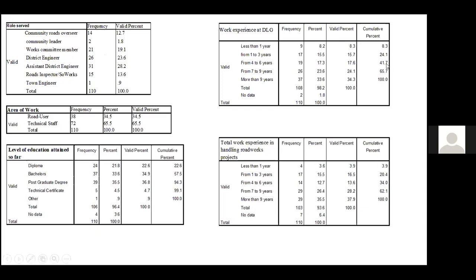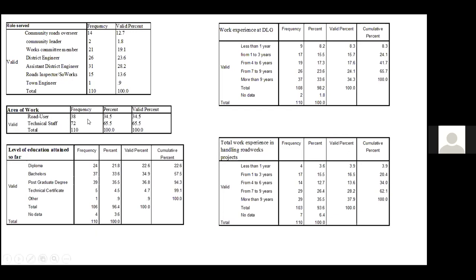And you can see most of these ones, more than 4 years. There are very few cases where the respondents had served in district governments for less than 1 year. And we note that these are districts that had been newly created, the ones created in 2012. And therefore, the district engineers and the acting district engineers had just been recruited.